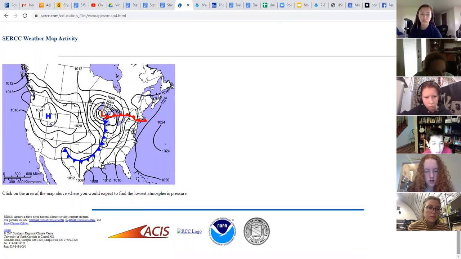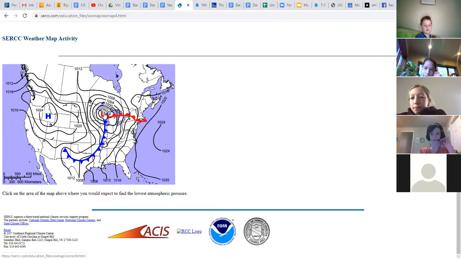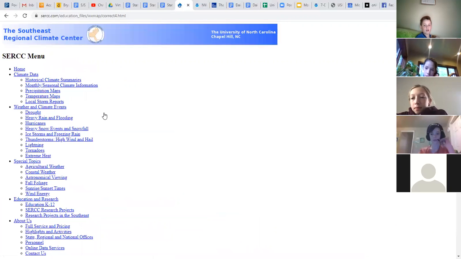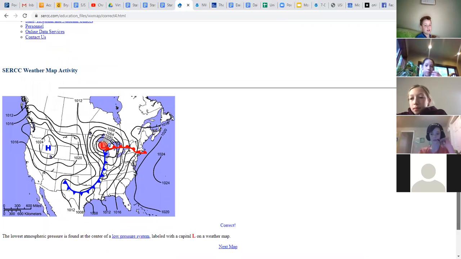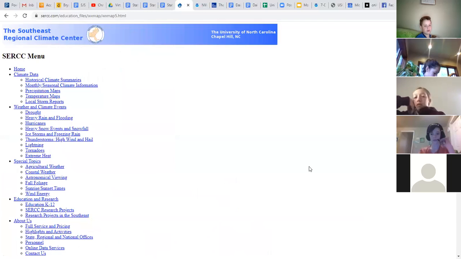Where is the area of low pressure? How about Ethan Stack? Next to Minnesota and into Michigan, by that red L? Yeah. Excellent. The lowest atmospheric pressure is found at the center of a low pressure system, labeled with a red L.